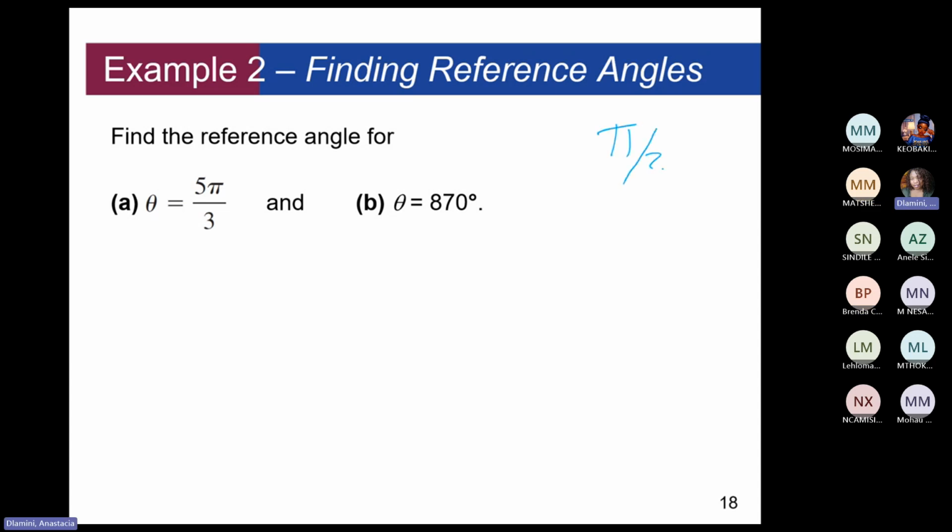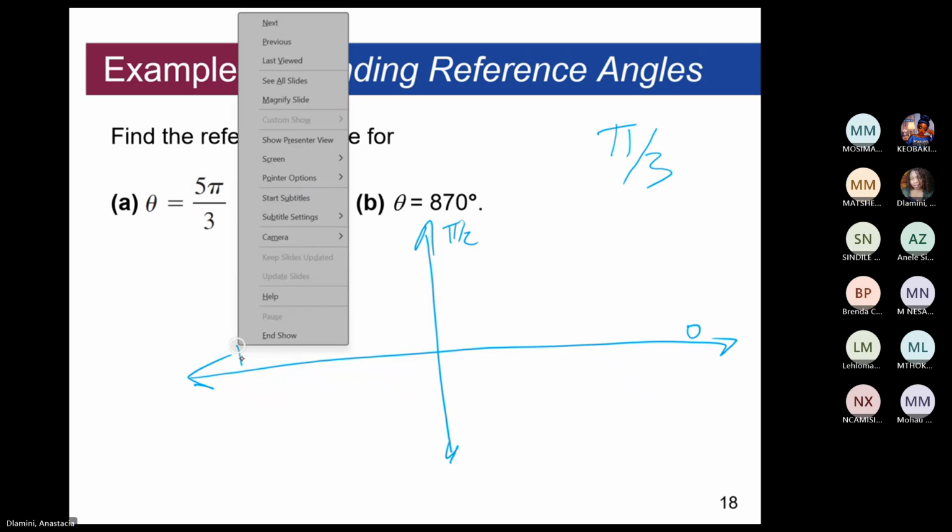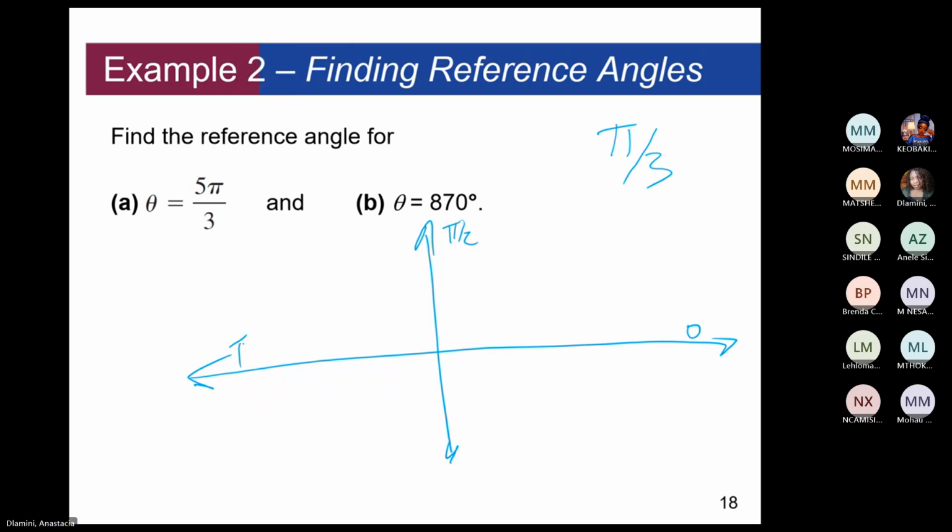I told you that the work we're covering today is something you know. And because we know that pi over 3 is a special angle, so this is 0, pi over 2, pi, and then 3 pi over 2 and 2 pi.